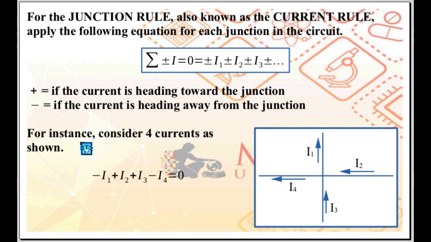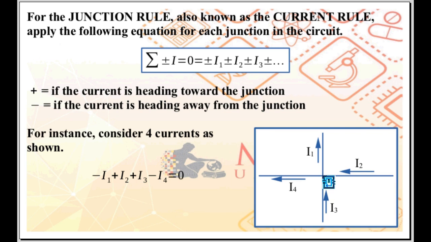For instance, consider the four currents as shown in the figure. You have 1, 2, 3, 4 lines or wires connected at this point. This point is a junction.